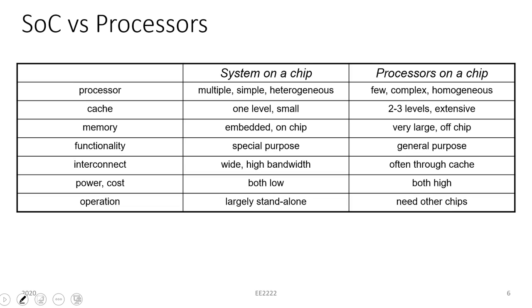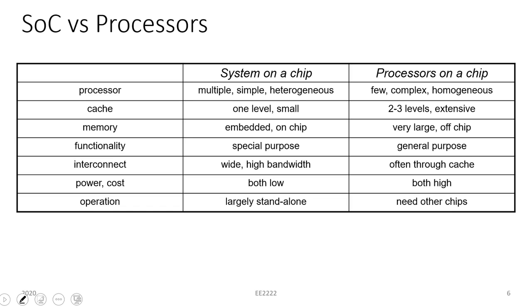Whereas when we think about memory, again, most of the time on a system on a chip it would be an embedded memory, whereas in a standalone processor environment, memory is normally an external standalone device. Most of the time, system on a chip devices are special purpose devices, so they will be manufactured for certain application domains.